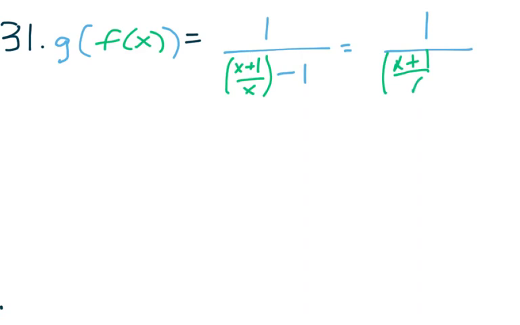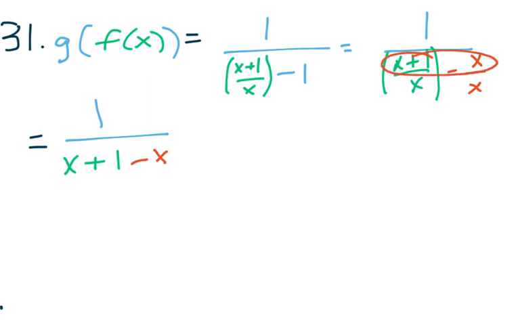So x plus 1 over x is now actually going to be subtracted by x over x, because that is, again, a form of 1. From there, I'm going to actually take the time to subtract them. So I'm going to have 1 over a numerator of x plus 1, but then minus x, because I'm combining the numerators, and then putting them over the common denominator of x.